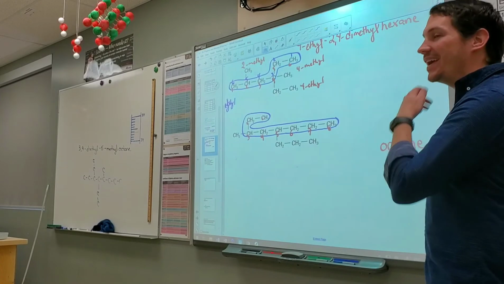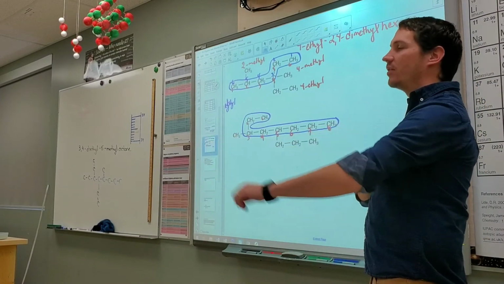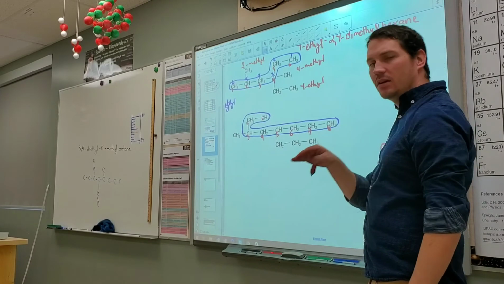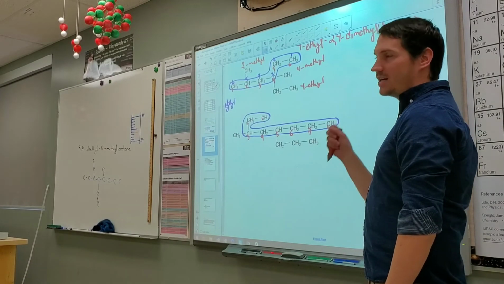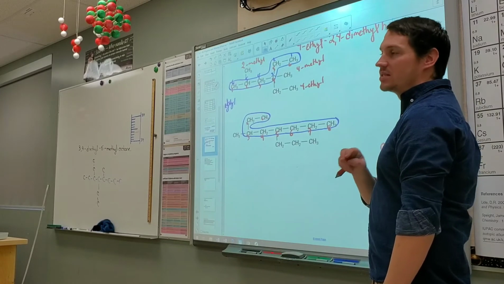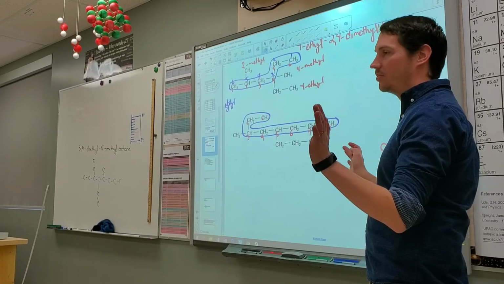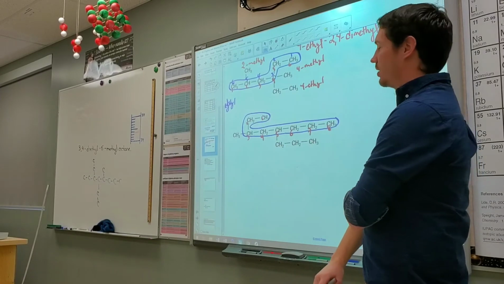But you only have to name structures up to 10 carbons long, so you will never see a branch larger than butyl. Just mathematically, with a 10 carbon parent chain, you can't go any larger than 4 carbons.